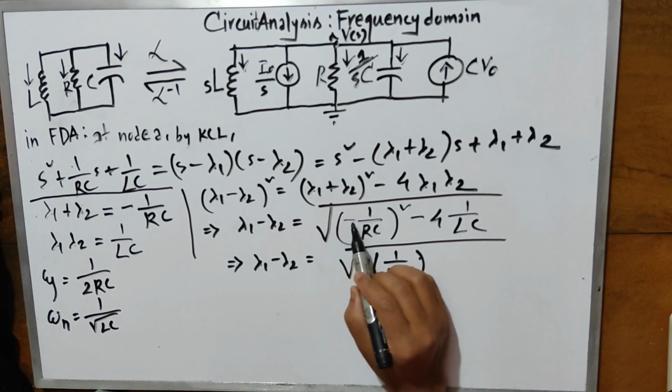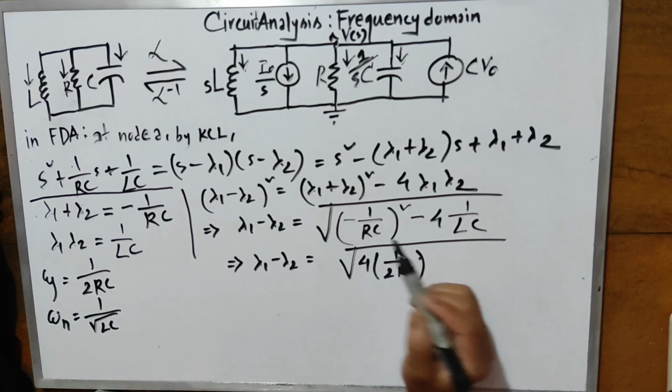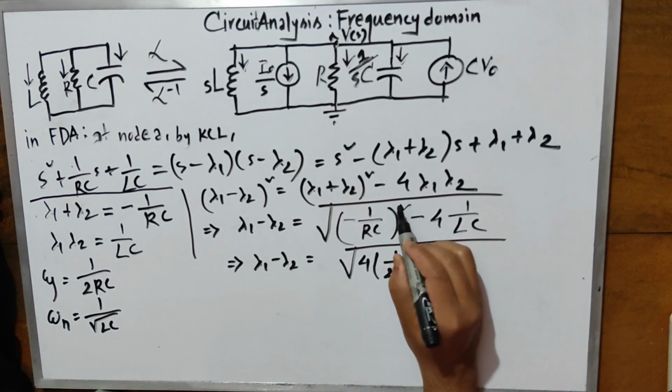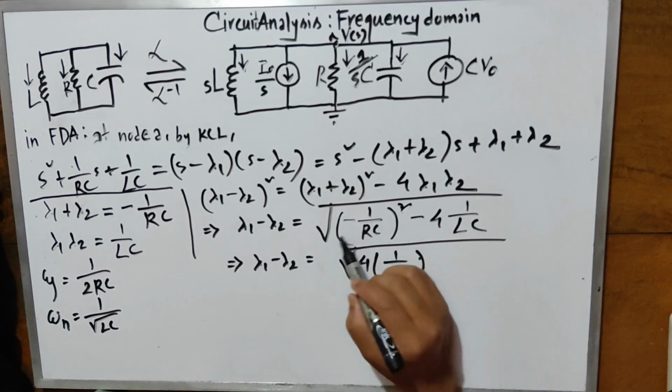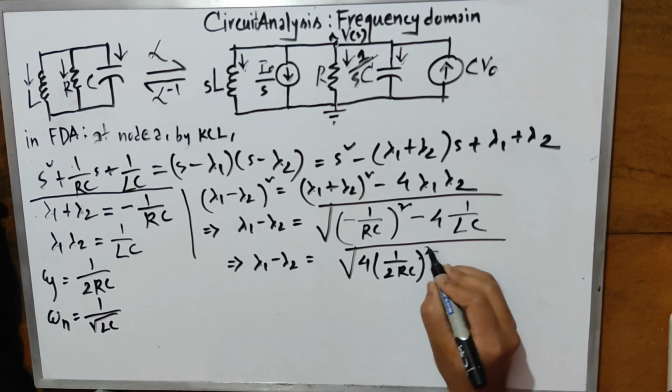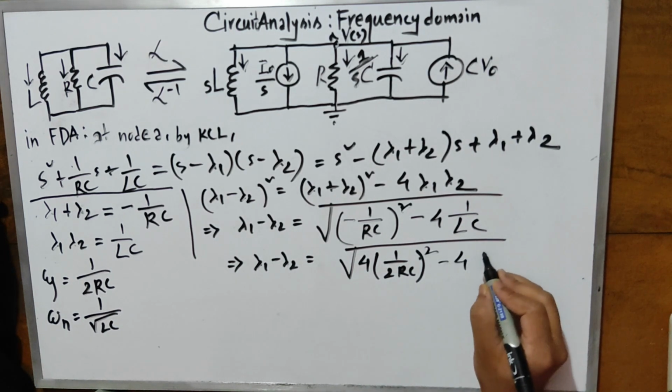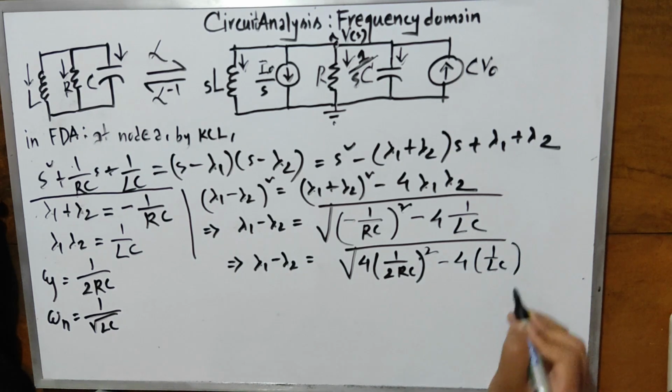So there's no meaning for this minus, because we have squared it, the minus will vanish. So this is 4 by LC basically.